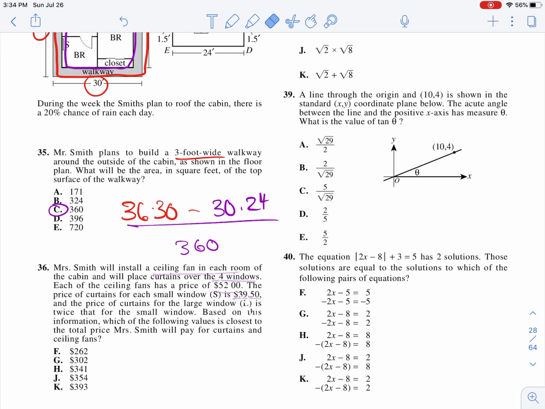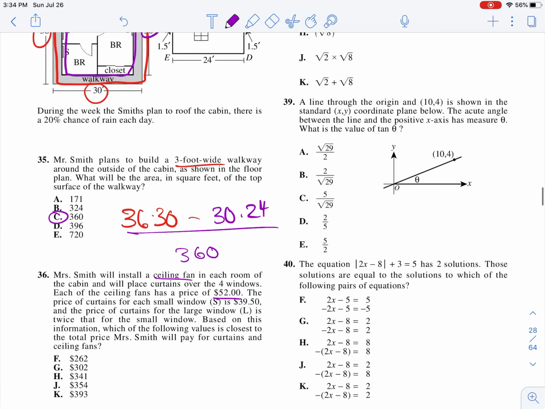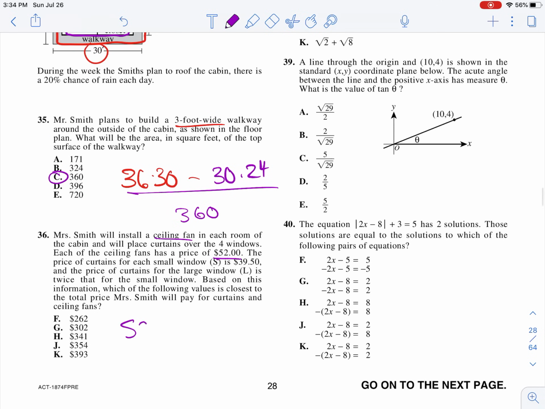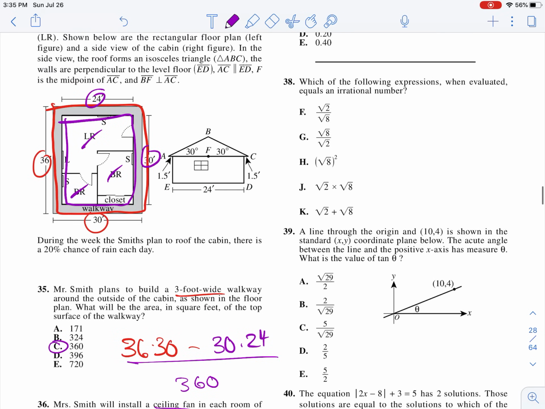So let's take it piece by piece. First, we have ceiling fans, 52 for each room. How many rooms? 1, 2, 3. So we got 52 times 3. Now we have curtains over the 4 windows. How many windows we got? It tells us here. Let me erase some of these annotations.